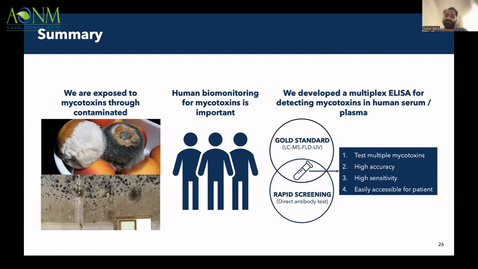So a urine sample would be for acute exposure and to understand the detoxification, whereas if you're trying to understand the chronic exposure, then that is where the serum and plasma comes in. And what we have been able to essentially create is a best of both worlds. We have created something that offers multiple mycotoxin testing and high accuracy, like the chromatography techniques, but we can also make it highly accessible and high sensitivity, which is expected from ELISA tests.